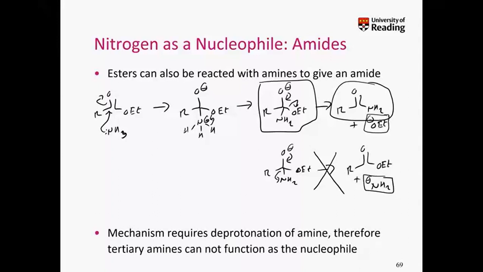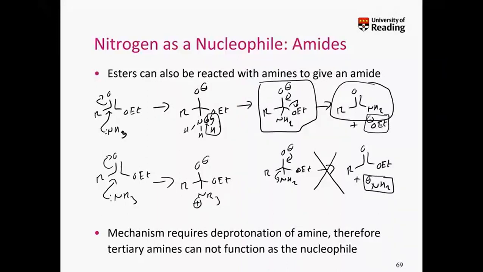Okay, so the other thing just to point out is that at this point here, we need to be able to remove that proton. So if you were to take an example of a nitrogen nucleophile where you had NR3, for example, did this reaction, broke the carbon-oxygen double bond, you would end up in a position where you had your nitrogen and your three R groups, positively charged.